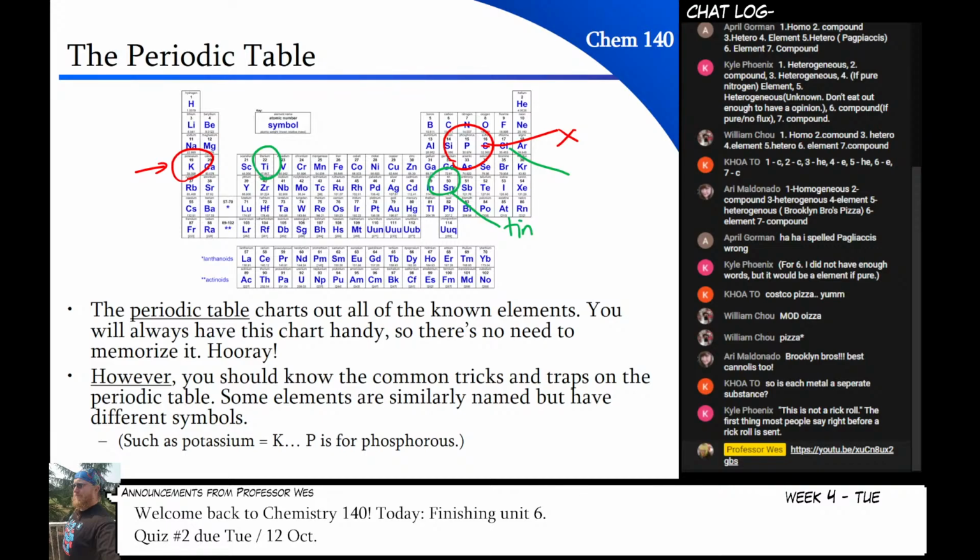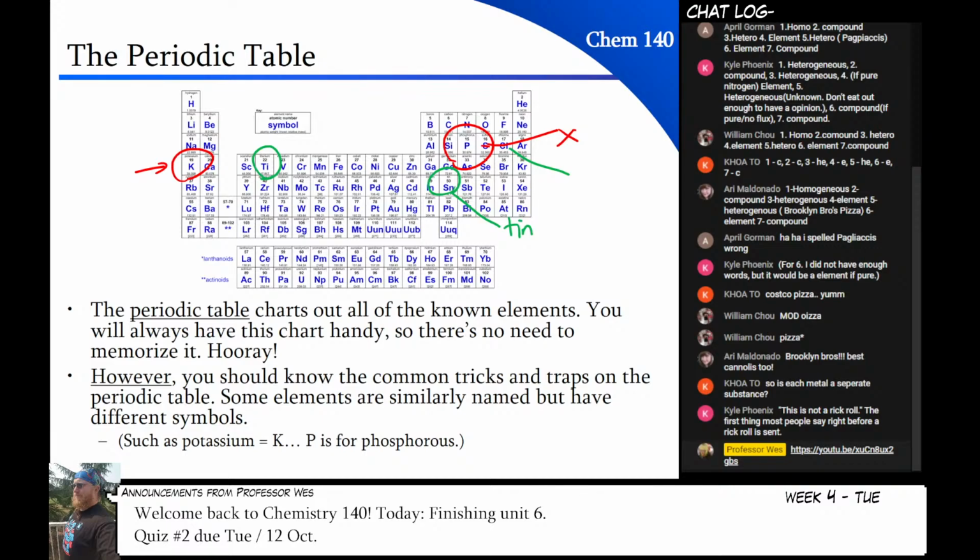We use the first and the third letter. Why? Who knows? It's chemists, right? Chemists are dumb when it comes to making up stuff, and we're going to learn that as we go through the quarter. You're going to be like, why the hell did they choose this? And that's going to be my answer. Chemists are dumb. They thought this was a good idea. It turns out not so much. So just keep that in mind.